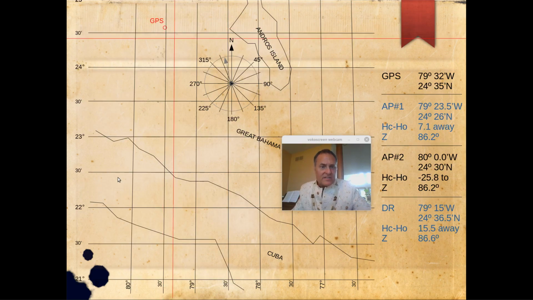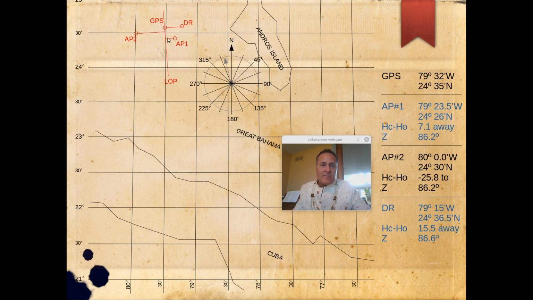You'll notice that, now watch, from the dead reckoning, if I use the dead reckoning and I bring it 15.5 miles away from the sun along 86.6 degrees, then the perpendicular to the tip of that line will be the line of position, and my corrected position from the dead reckoning ends up being my GPS position, my actual position.